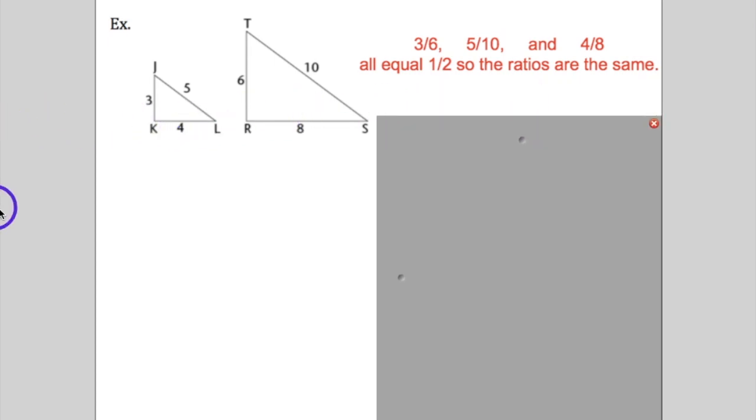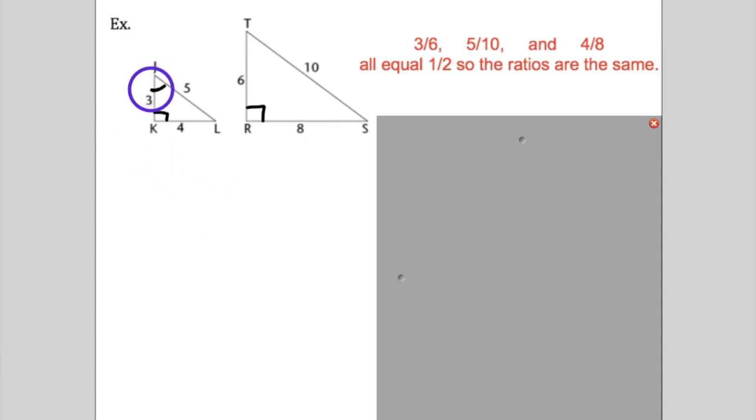And next, to check similarity, we would want to know if the angles are the same. And in this particular example, I'm going to add on the angles, and I'd like you to do that as well. So we're going to have right angles here at K and R, so they're both 90 degrees.